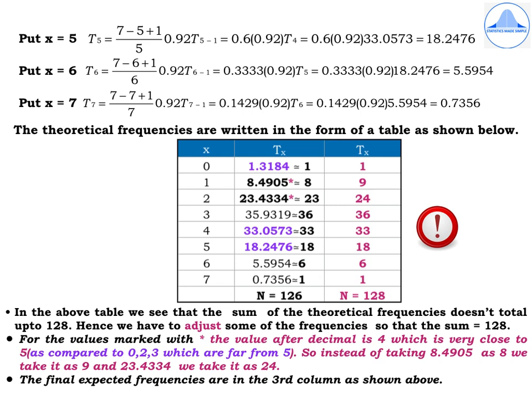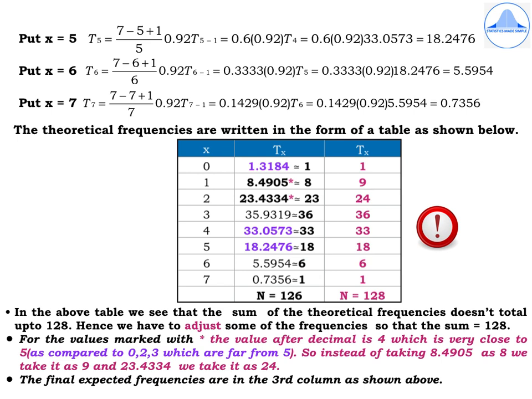In a similar manner, substitute x equal to 6, which results in T6 is equal to 5.5954. And when x is equal to 7, T7 is equal to 0.7356.